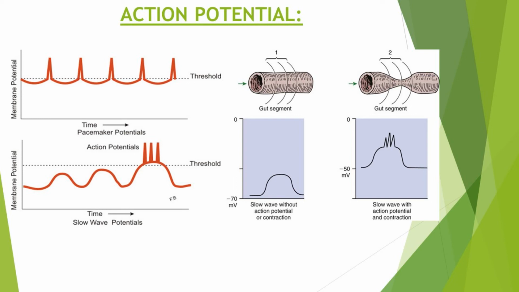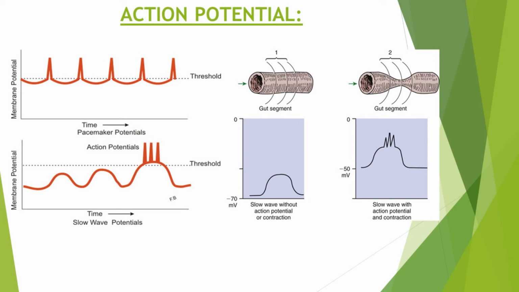But as the membrane is only slightly depolarized under resting conditions, this slow wave cannot produce the action potential. At resting conditions, the depolarization value of the slow wave is only minus 60 to minus 70 millivolts.